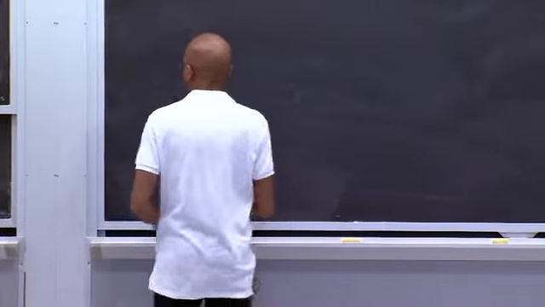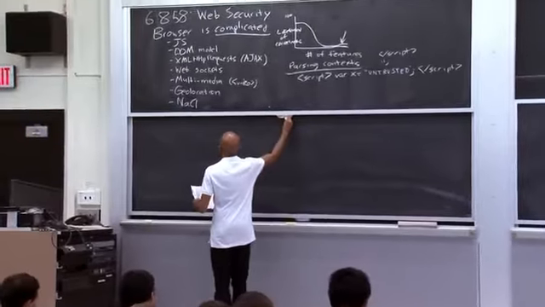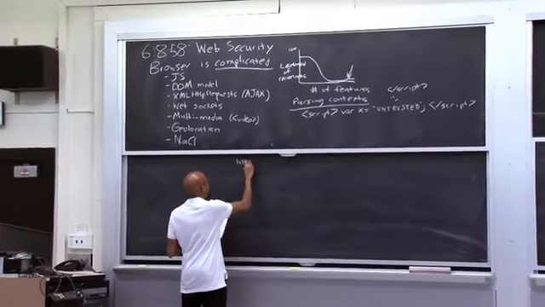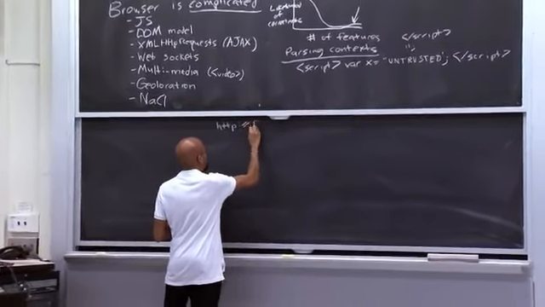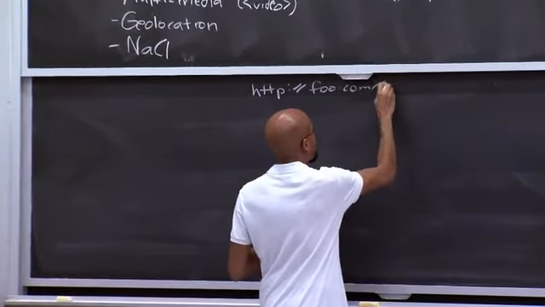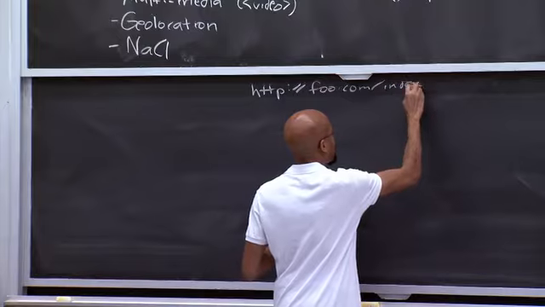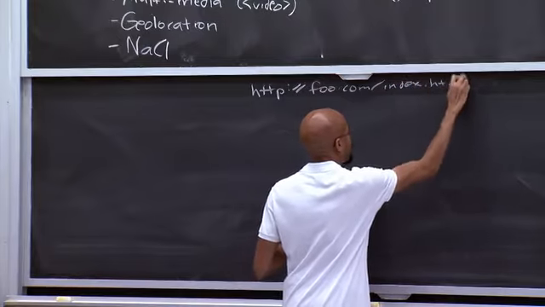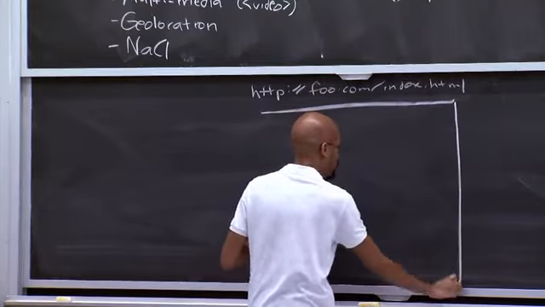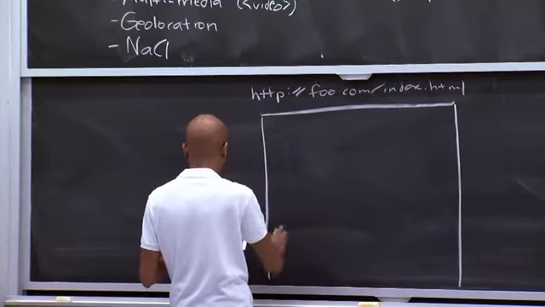So let's just look at a very simple example here. Let's say that we were looking at the following site. So HTTP foo.com, and we're just looking at index.html. So, you look at your browser tab, what might you see?